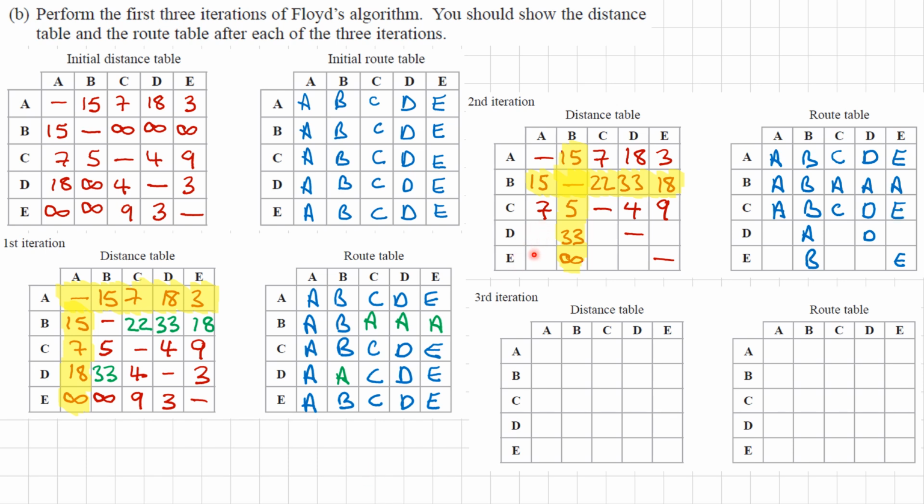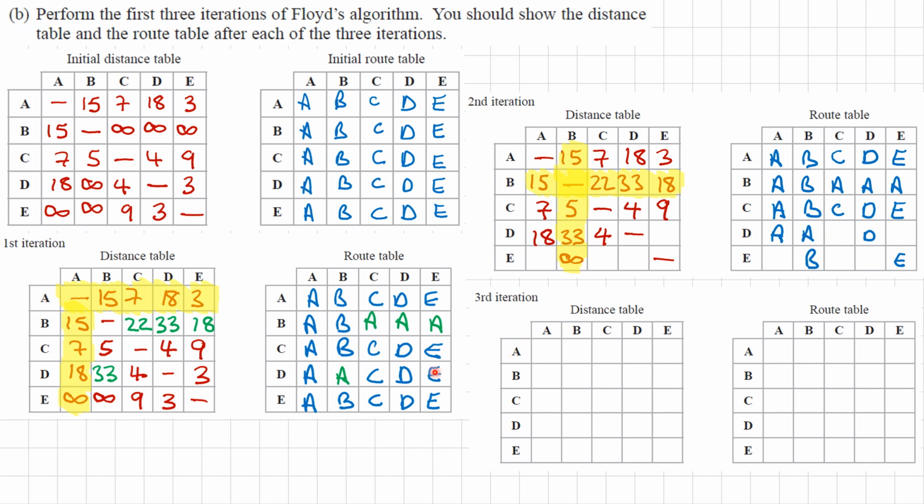Moving to the next row, here we've got 15 plus 33, which is 48, greater than 18. Again, no change here, and no change here. Moving on to this one here, we've got 33 plus 22, which is 55. 55 is greater than 4, so no change to the value, no change to the letter.